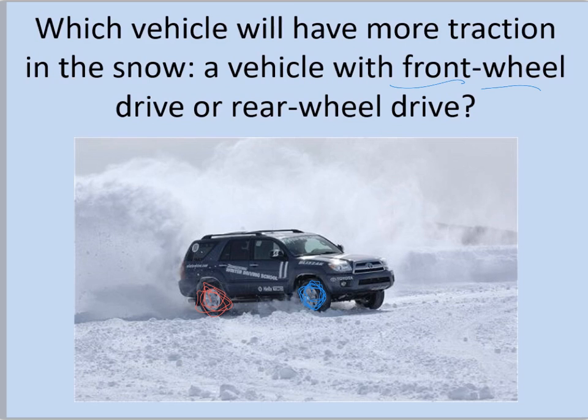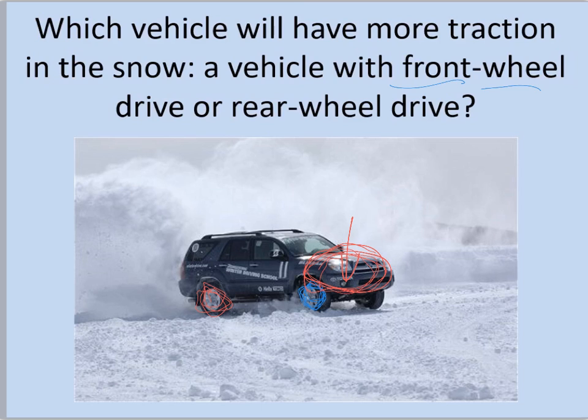So you have to think about how the weight is distributed in your car. In the car here, the engine is located in the front. The rest of the car, although it does have quite a bit of mass, the mass is more concentrated on the front. So if the mass is more concentrated on the front, we're going to have more weight distribution towards the front.